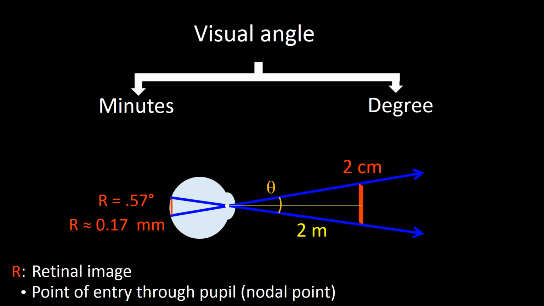If the same person looks at a 2 centimeter object at a distance of 2 meters, the retinal image will be the same, 0.57 degree, which corresponds to about 0.17 millimeters of retina. In other words, it would be the same as in the prior example.